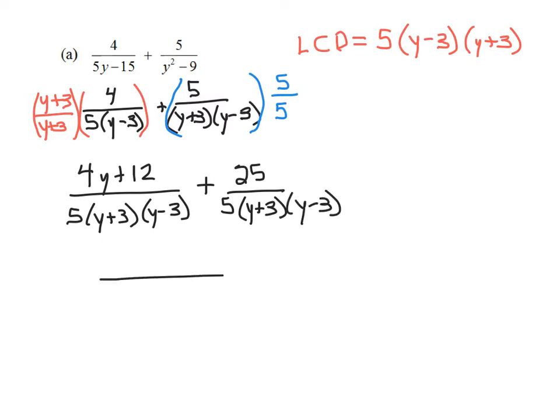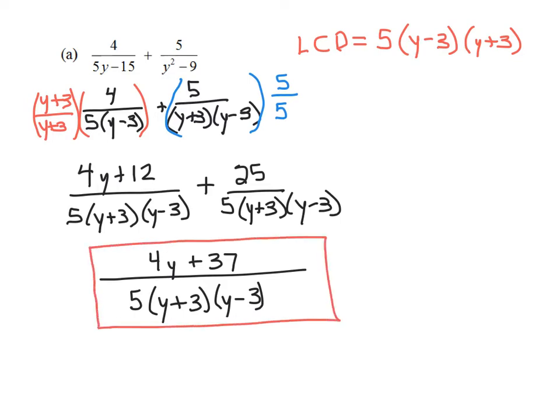Now that I have my common denominator, I keep that denominator, and I add together my like terms in the numerator, 4y plus 37. Now that numerator is not factorable, so this would be my final answer.